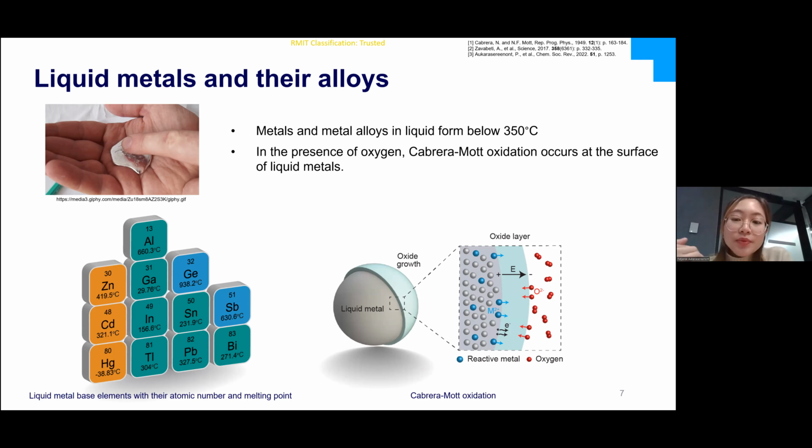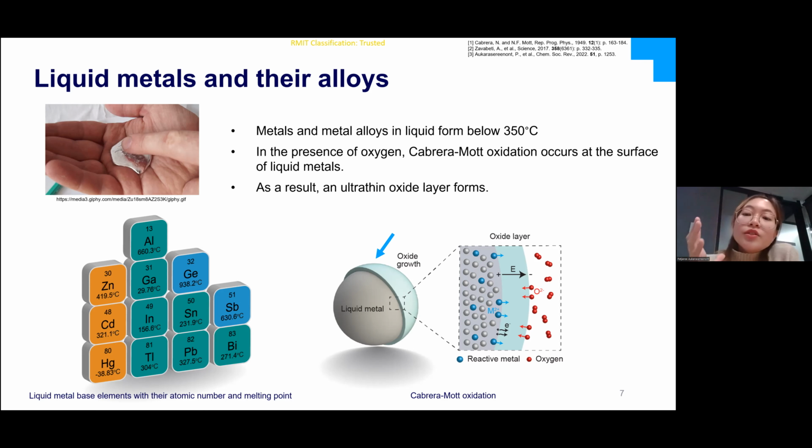And this field promotes the diffusion of metal and oxygen ions into the oxide skin, and that leads the oxide to grow. And as the oxide becomes thicker and thicker, the field strength reduces until ion diffusion is depleted, or in other words, this process is self-limited. So this is the oxide growth at the surface of liquid metals.